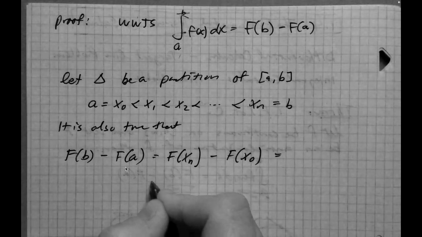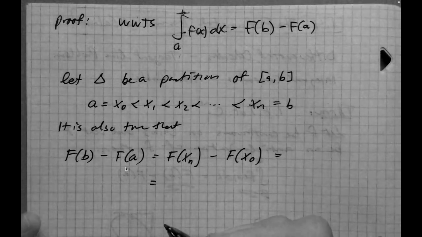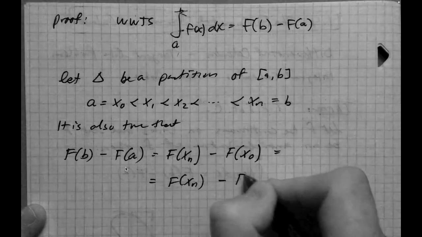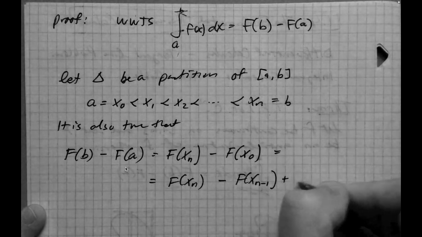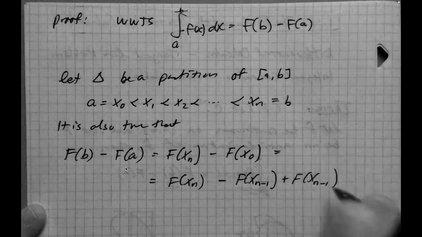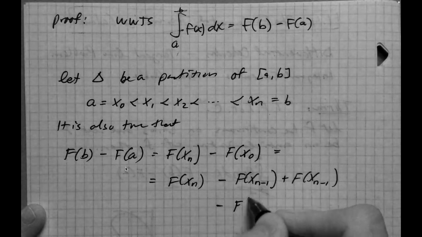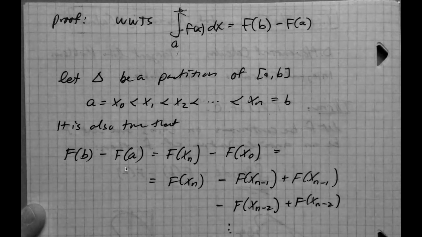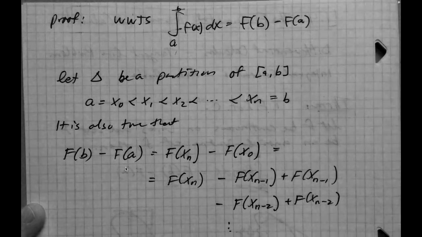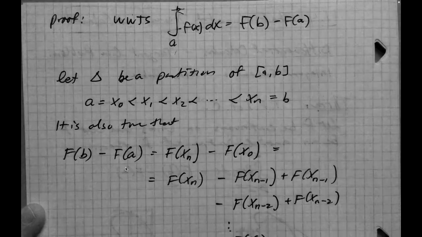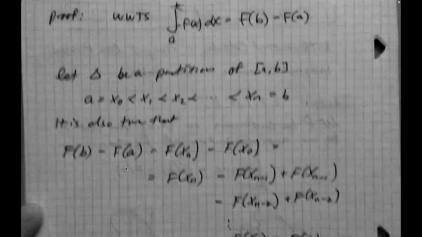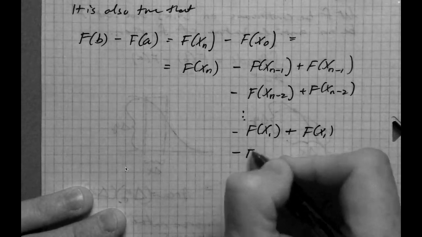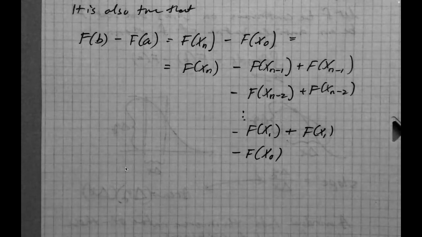Now we can write this in an even more expansive form: F of x of n minus F of x of n minus 1, plus F of x of n minus 1 minus F of x of n minus 2, plus F of x of n minus 2, and so on until we get down to F of x1, plus F of x1, so minus F of x1 plus F of x1, and then finally the last term would be minus F of x0.